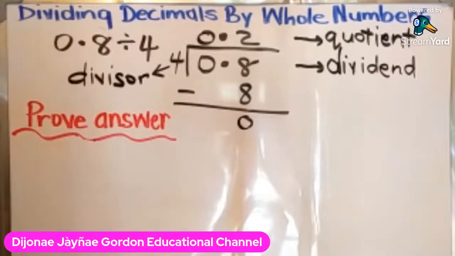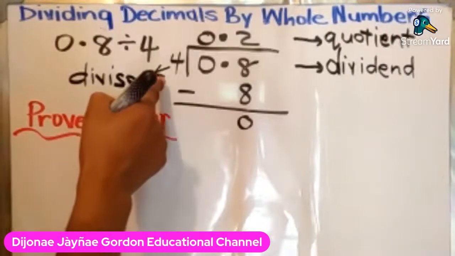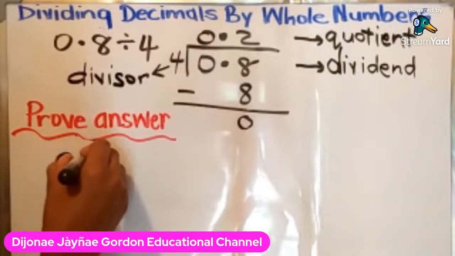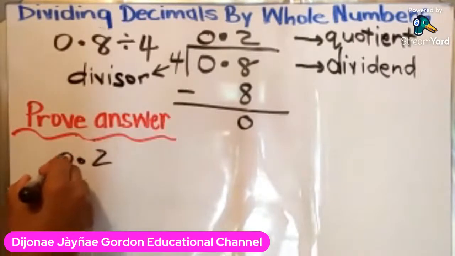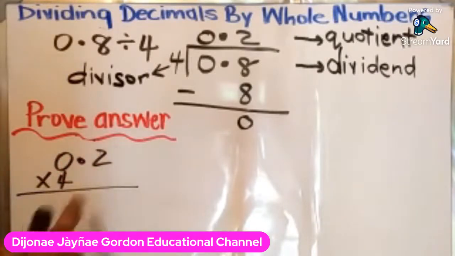All right. So we're going to prove to see if our quotient is correct, and our quotient, of course, is 0.2. All right. So I'm going to take my quotient now. I'm going to multiply it by our divisor. 0.2. And I'm going to multiply it by 4. All right.